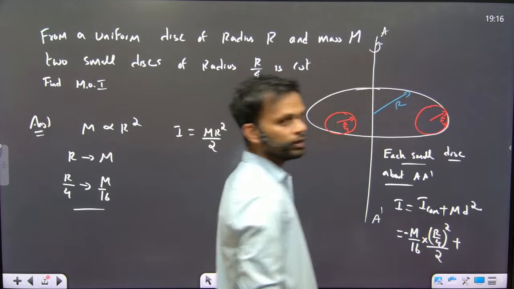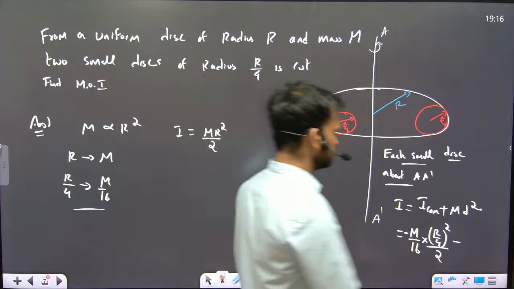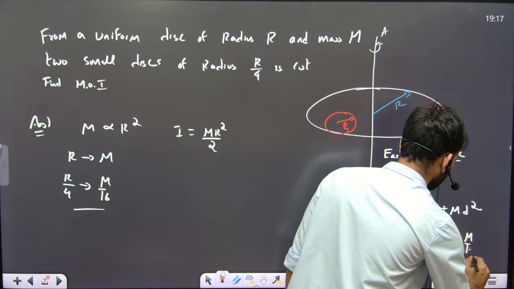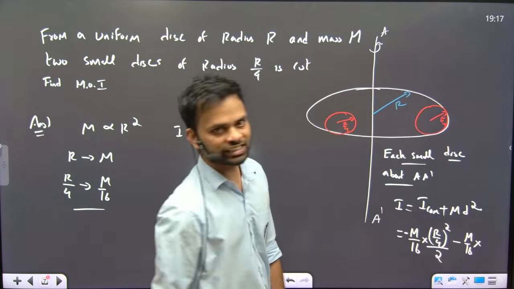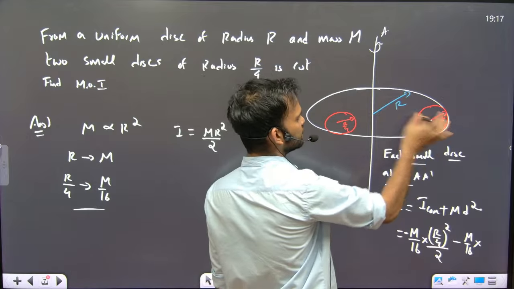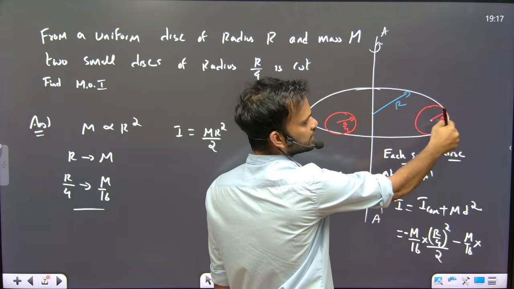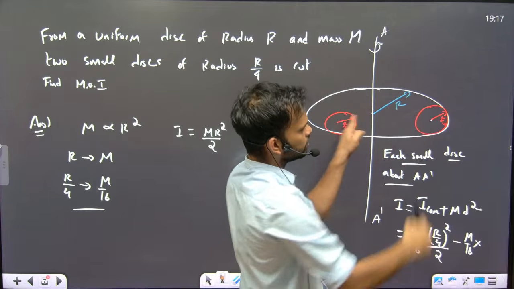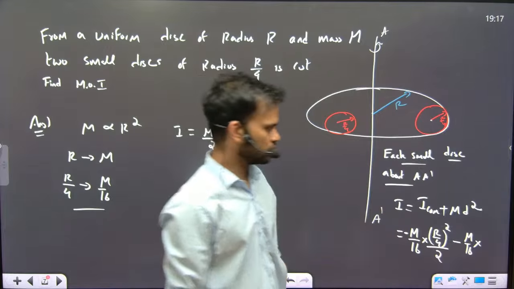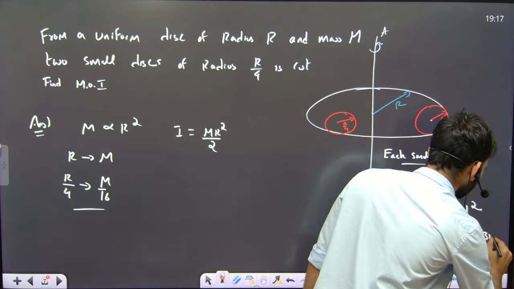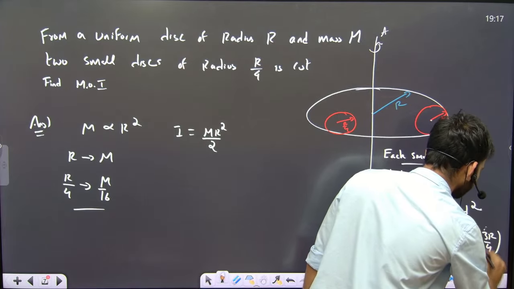Again the mass is negative, minus m by 16, into d square. What is d here? D is the distance between the center of mass of this and this axis. This part is r by 4, and the entire thing is r, so r minus r by 4 is 3r by 4. So m into 3r by 4 whole square.